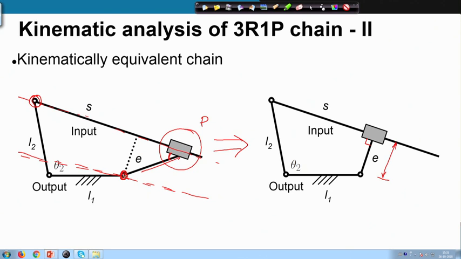So, the perpendicular distance between these two lines gives us the offset. I can therefore convert this chain to this equivalent chain, solve the kinematics of the equivalent chain and later on go back to the original chain.